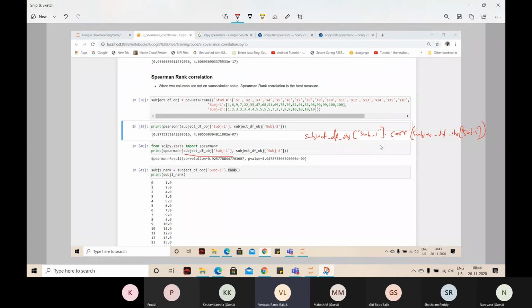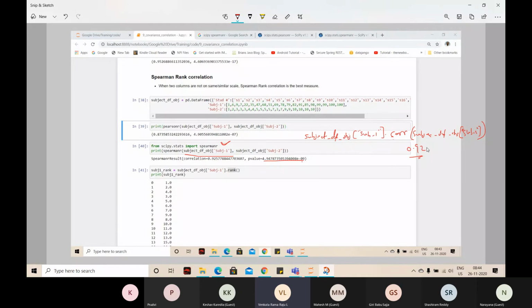I can do this, right? When I do this, I'll get the score, 0.92. But I'm actually using Spearman R or Pearson R, which gives me the p-value.